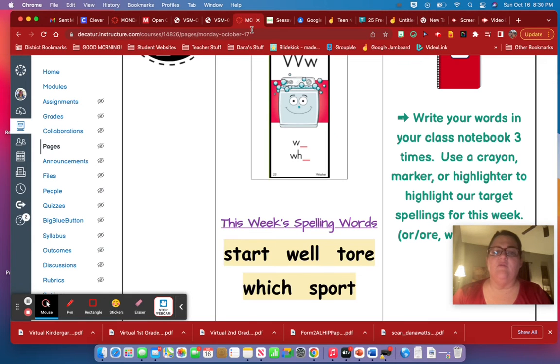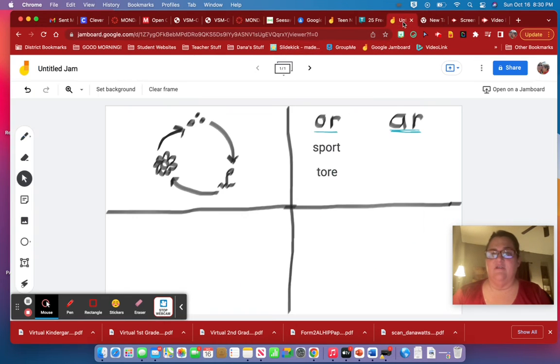And then we have one word with AR, and that is start. The word start. It's time to start the car. Start. Okay, we have sport, tore. Those are our OR words. And then start with AR.